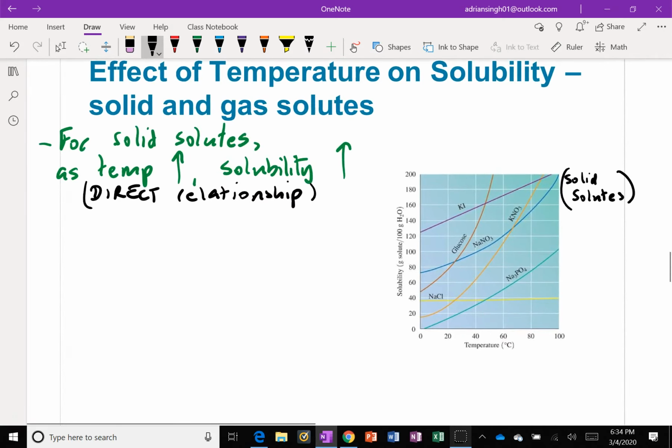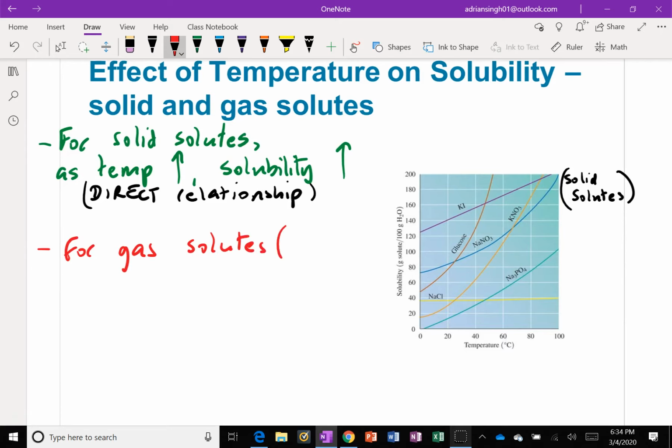The case is different for your gas solutes. So for gas solutes, and I'll just say, for example, CO2, like carbon dioxide, as the temperature goes up, the solubility actually decreases.